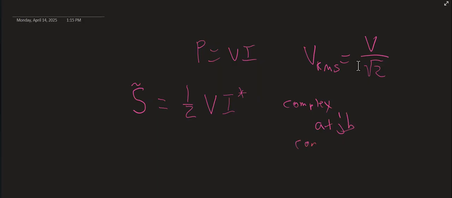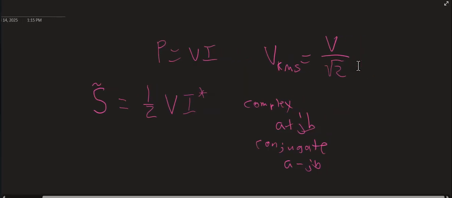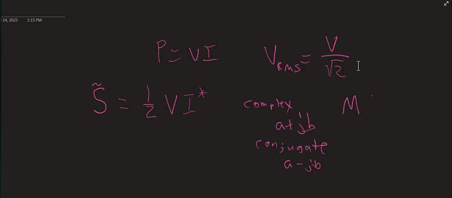Its conjugate is A minus jB. You just change the sign of the imaginary part. If you have it written as a phasor, with magnitude and angle theta, then the conjugate would be the magnitude at angle minus theta. You just change the sign of the angle. And that's what we mean by conjugate.